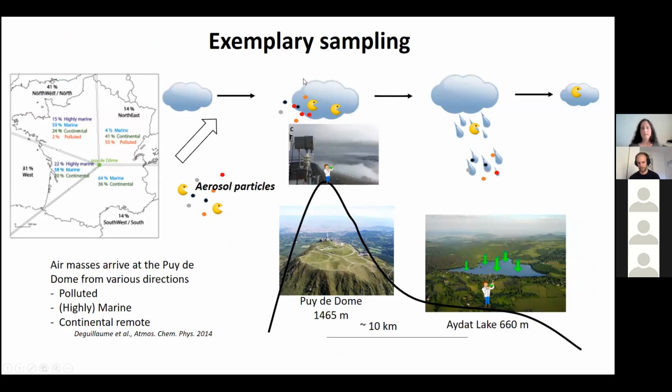So we know that air masses at the Puy de Dôme arrive from many different directions. So this is from a study a few years ago, where the clouds or the air masses were classified from their direction, and whether something comes from the ocean or comes from the north, from Paris or other directions, of course, the chemical composition is different. So they all arrive here, and we have a good idea where they come from when they arrive.